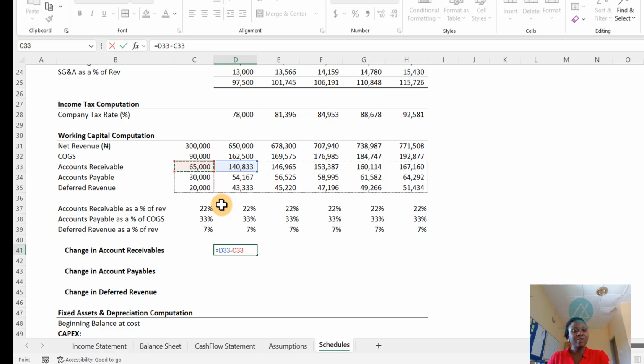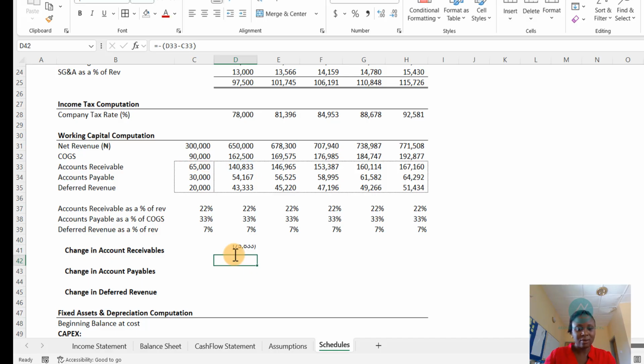So if there is an increase from 65 to, it's going to be a minus. So what I did is just to open the bracket, close it, and input that figure, then maybe you put the minus sign at this.